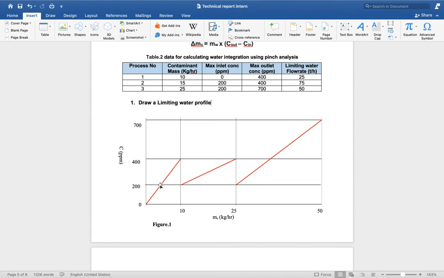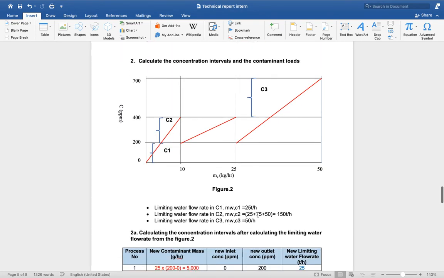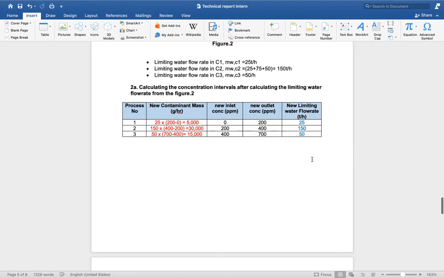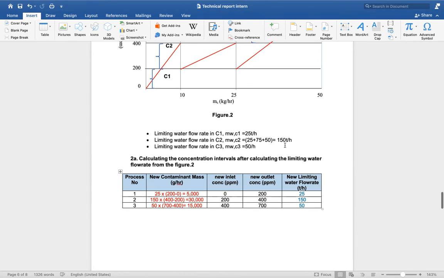But when it comes to the 200 to 400 level, three flow rates are involved. So we add the three limiting water flow rates, like 25 plus 75 plus 50, so that we get the new limiting value.